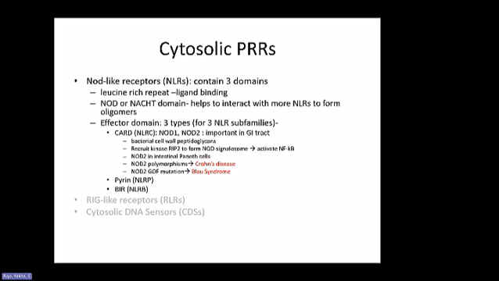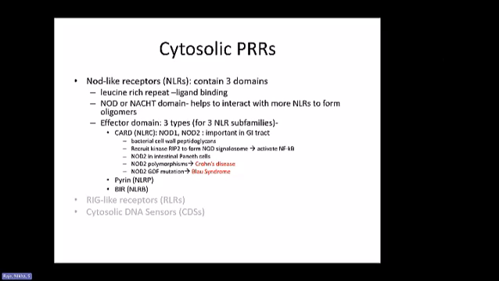So the structure of nod-like receptors involves leucine-rich repeat. So the ligand binding is similar, but they have this domain called NOD or NACHT domain. It helps to interact with more NOD-like receptors, so that domain helps to form oligomers. Remember toll-like receptors form dimers with each other, while NOD-like receptors form oligomers.